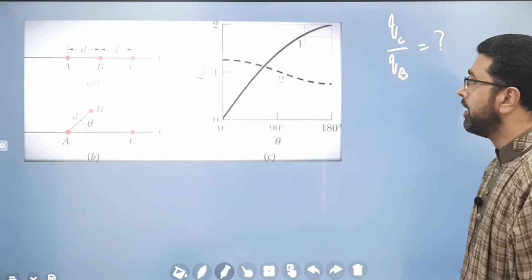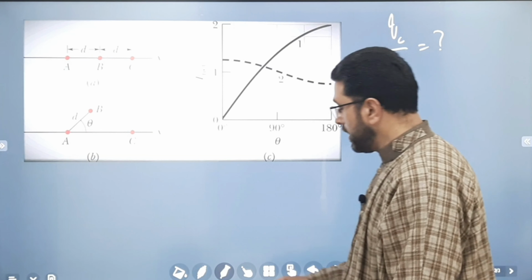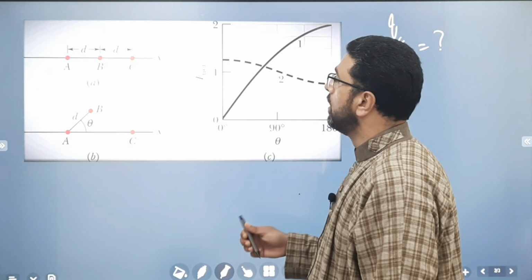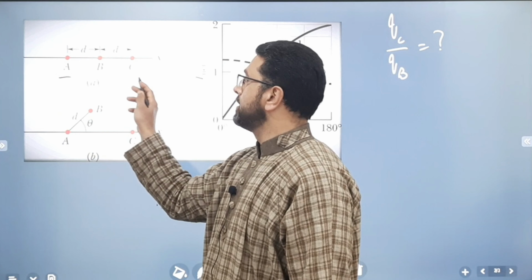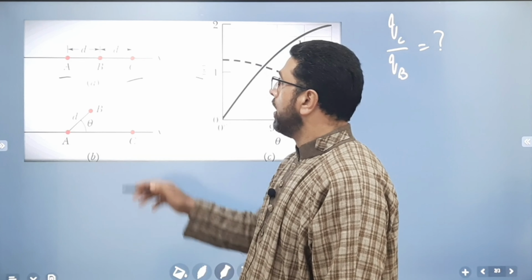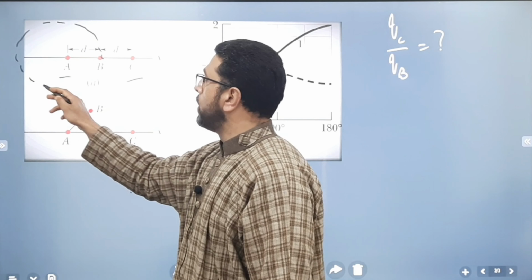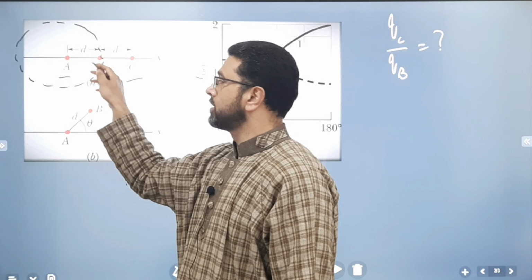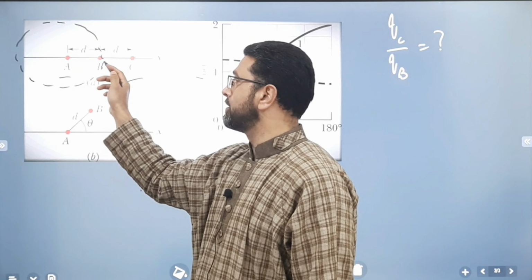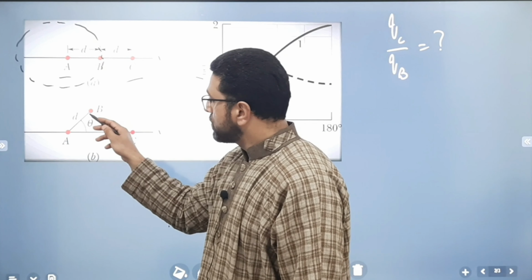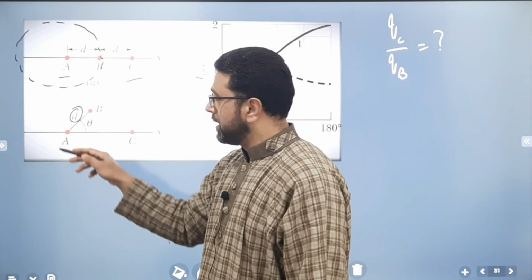Okay, fine. So we are given three particles. Out of three particles, two are fixed. A and C are fixed. Now B can move along a circle around point A. So A is the center for B's motion. B's distance from A continues to remain the same, d.